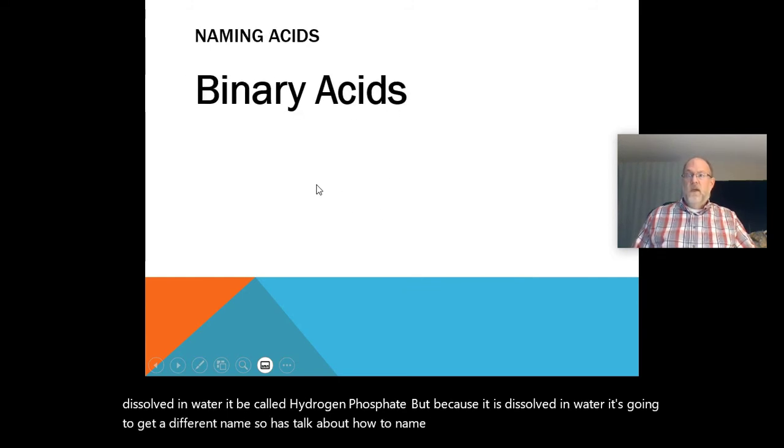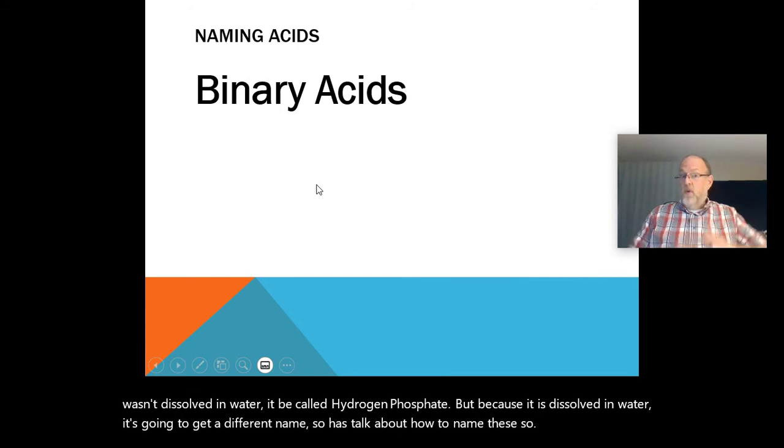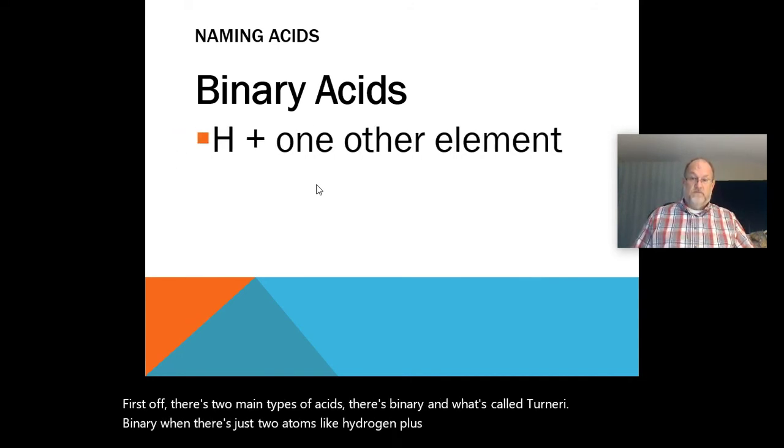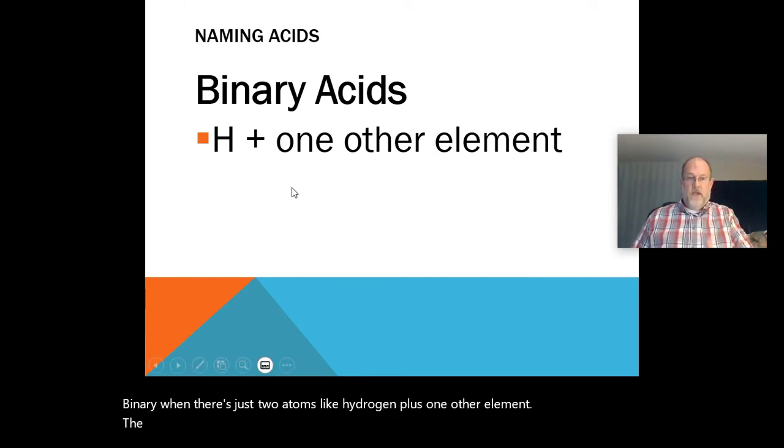So first off, there are two main types of acids: binary and what's called ternary. Binary is when there are just two atoms, hydrogen plus one other element, like HCl, HBr, HI, H2S, not with a polyatomic ion, just with a monatomic anion.